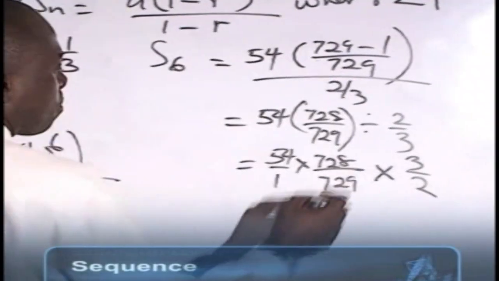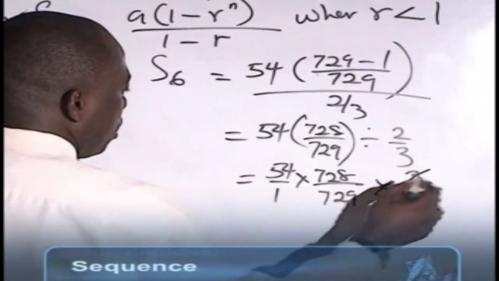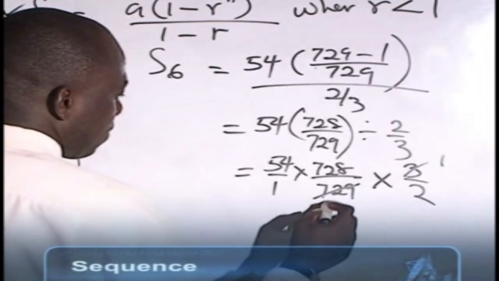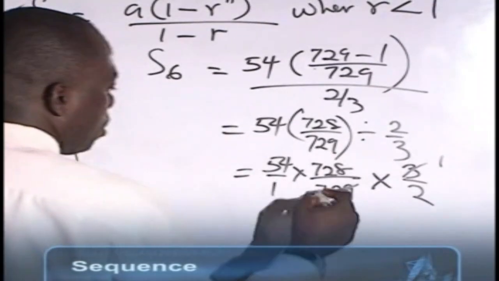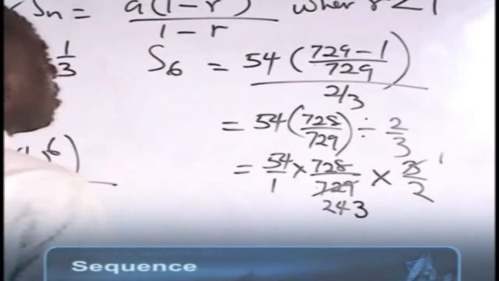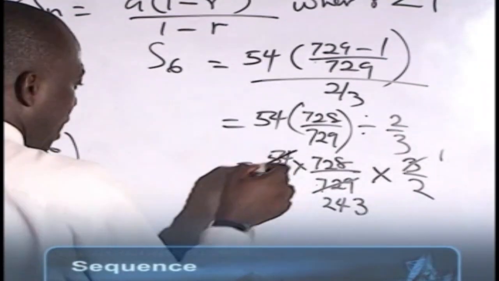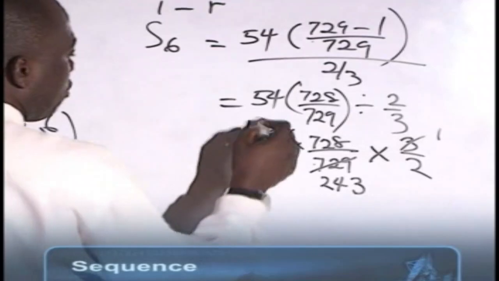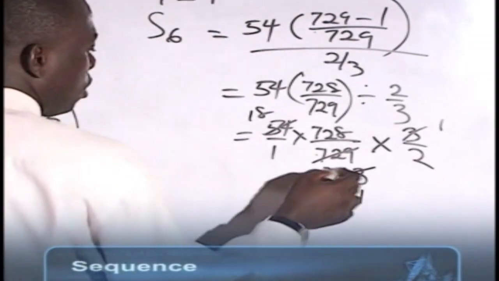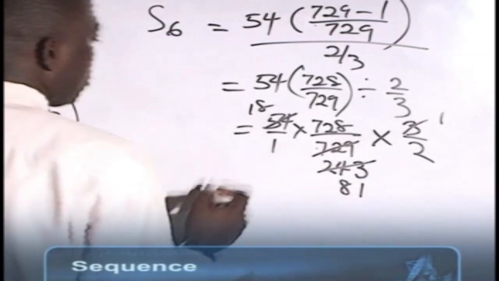If you use 3 here, 3 in 7, 3 in 7, 2 in 12, 4, in 9, 3. Now use 3 to cut here again. 3 here will be 18, 3 here will be 81. 3 in 24, 8, 3 in 3, 1.